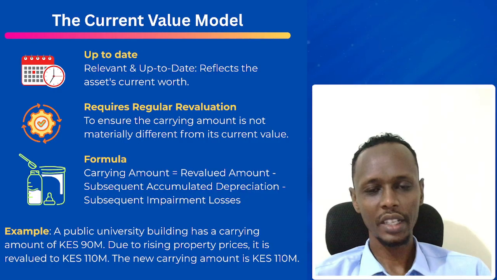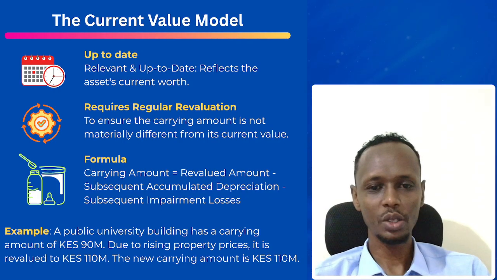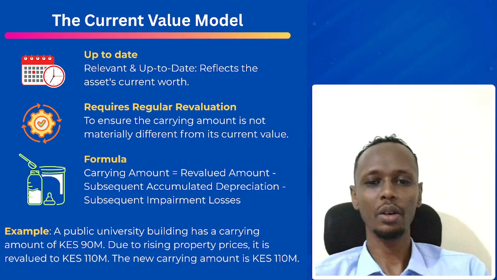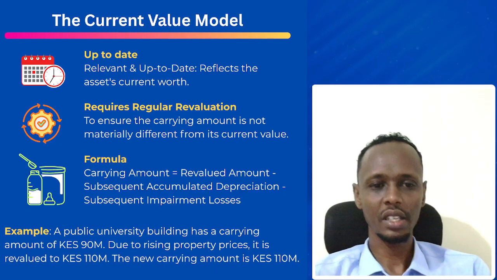Those subject to quicker technological changes are revalued after 3 years, and in those 3 years you depreciate them. The ones which take a longer time are allowed to go up to 5 years.